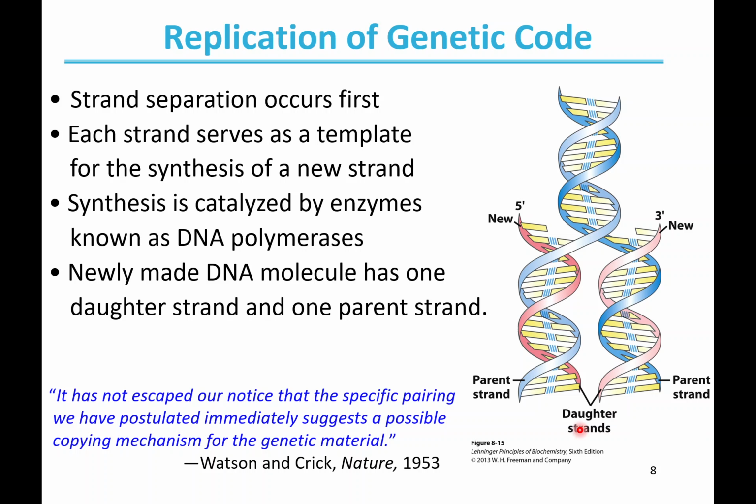This synthesis is catalyzed by enzymes known as DNA polymerases. You'll talk more about these next semester. The newly made DNA is going to have one parent strand and one daughter strand. So you'll have two double-stranded copies of the DNA from a single double-stranded parent copy.